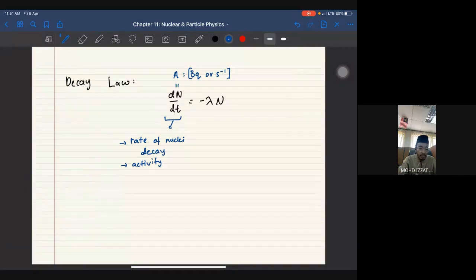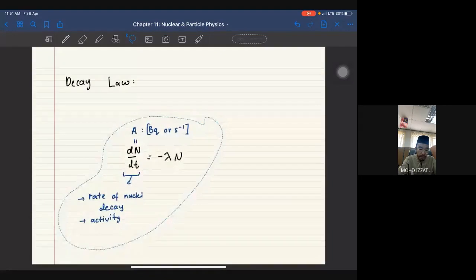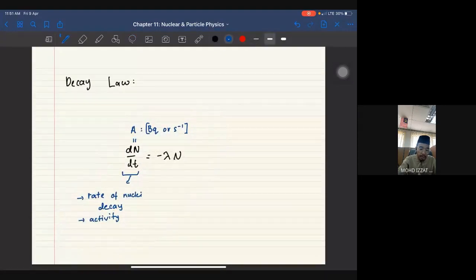Sometimes they might give you in Ci, curie. Curie is not an SI unit, so you have to convert to Bq first. How to convert?